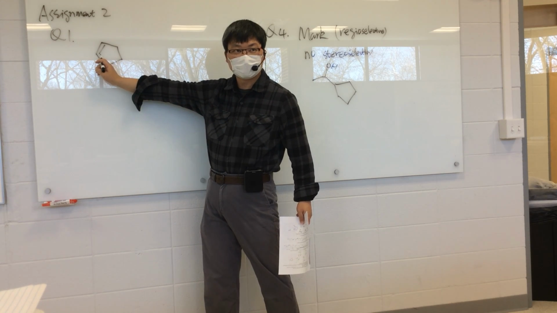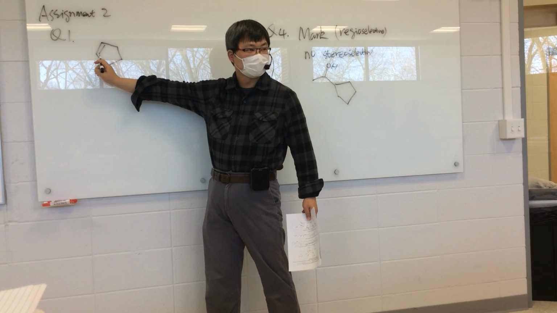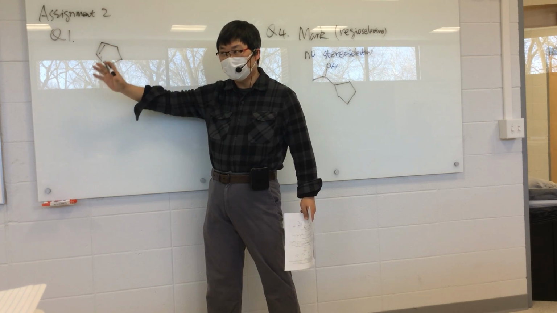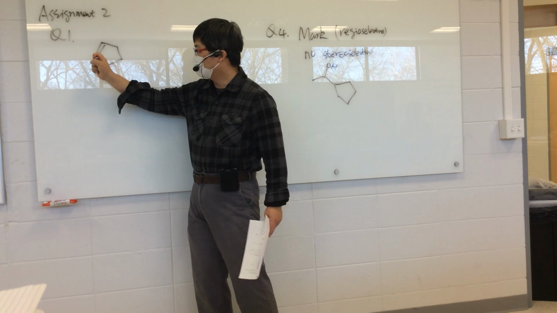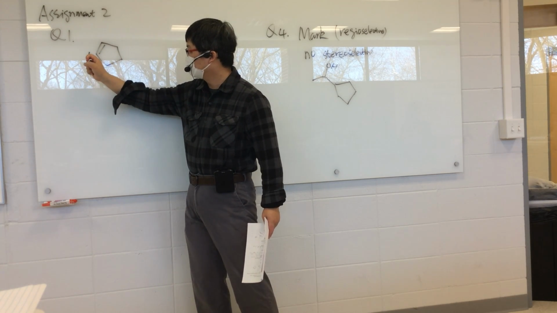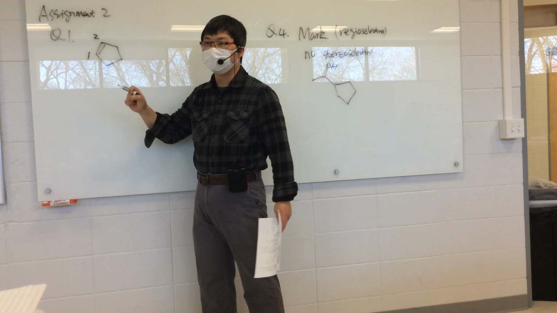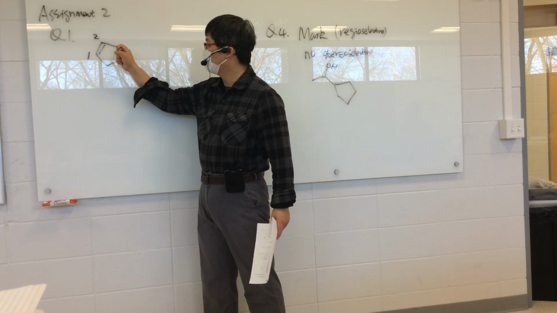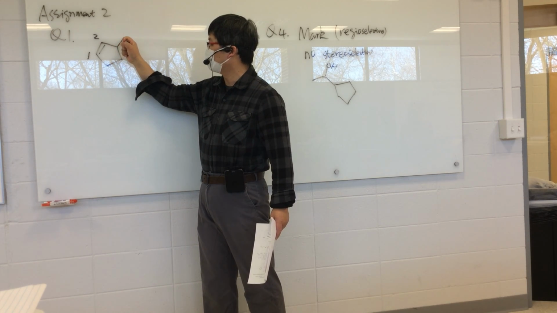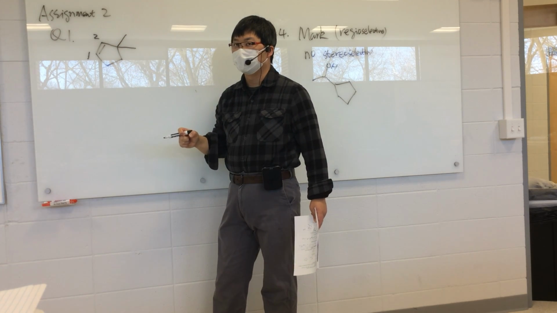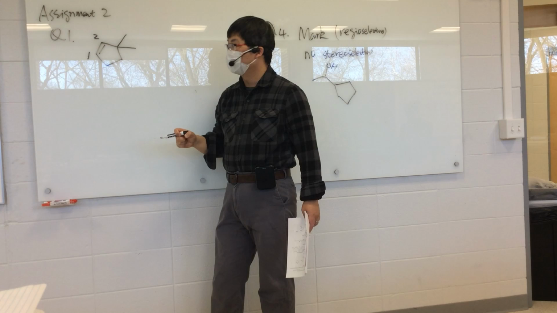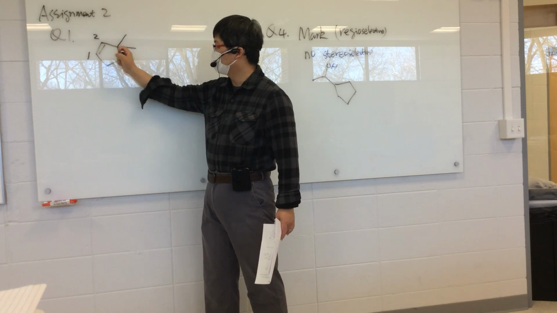This is the double bond. When you count the position numbers, we count from here: 1, 2, then 3. We need to follow 1, 2, 3.